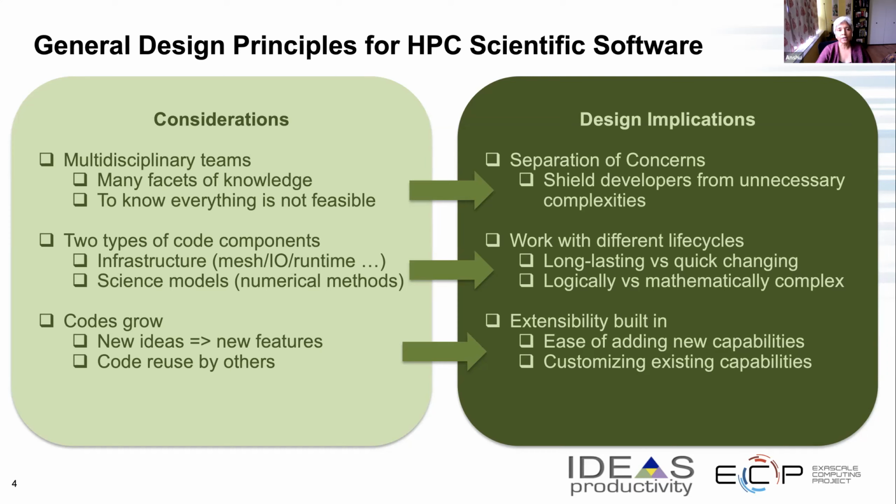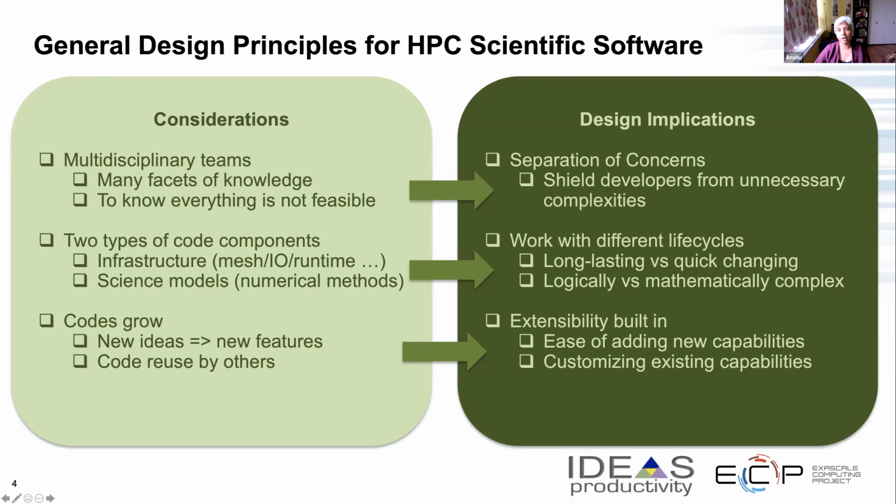And so what that implies is that in the design, there should always be separation of concerns, which means that the software ought to be designed in such a way that developers should be shielded from the complexity that they should really not need to know anything about.